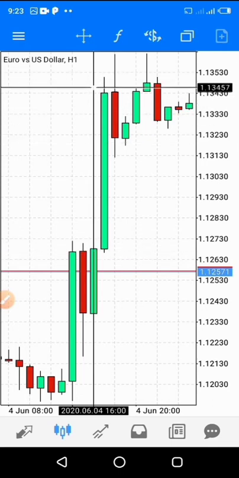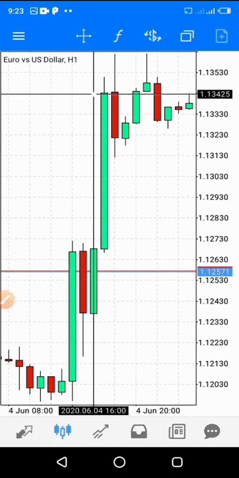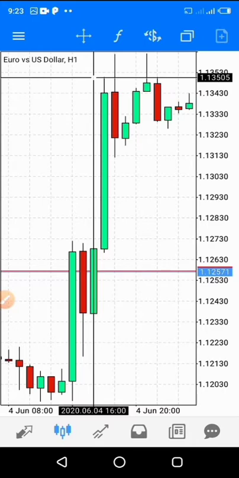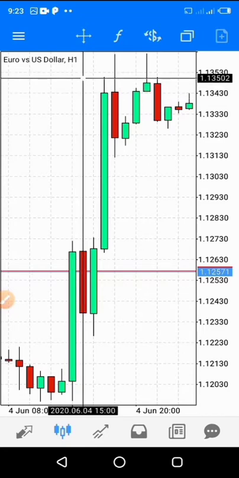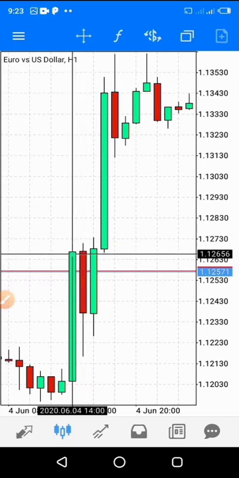This highest portion, 1.13502, represents the highest point price reached within a period, while the low portion represents the lowest point price reached within this 1 hour time frame.